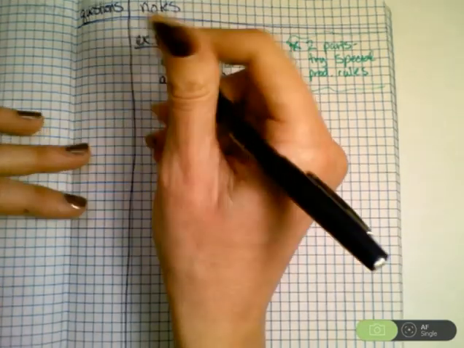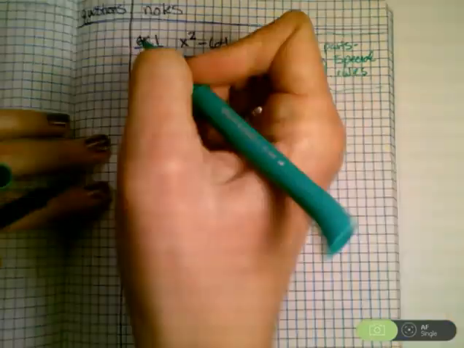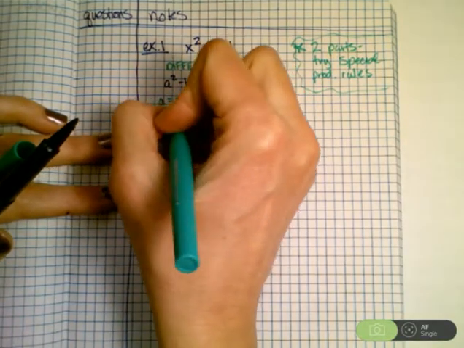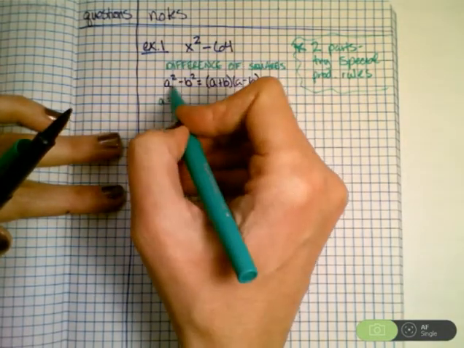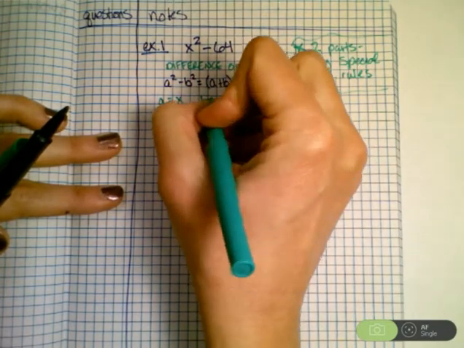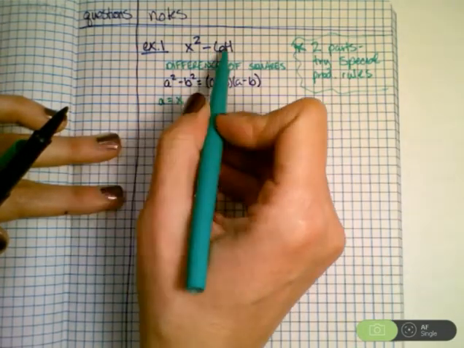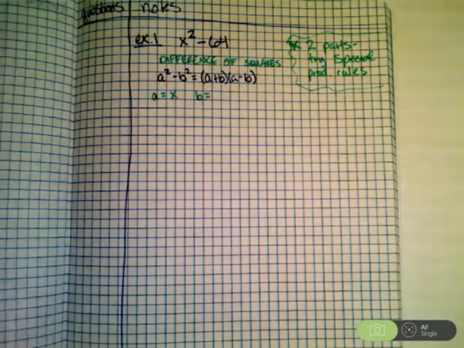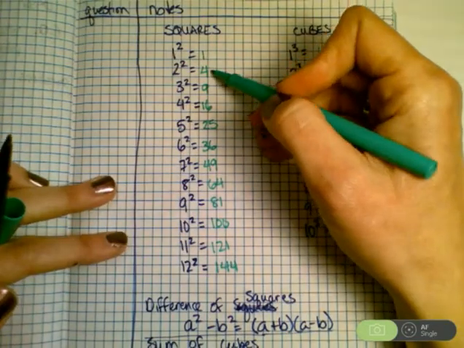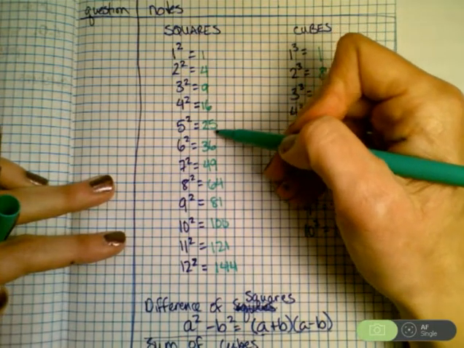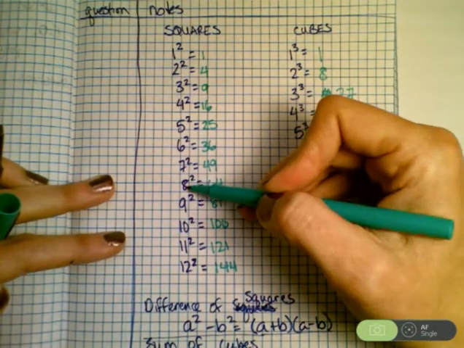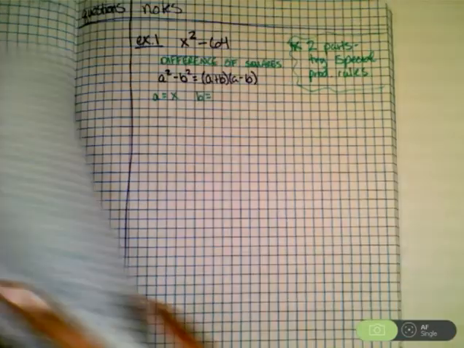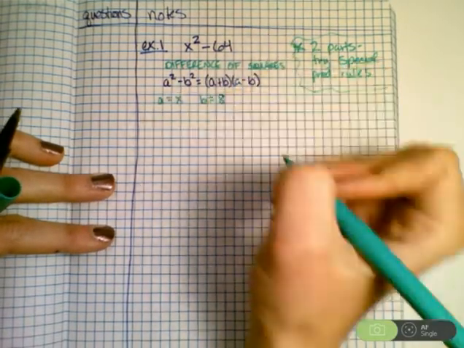So in this particular problem, our a is just x, because the square root of that gives us the a. And our b is whatever squared gives me 64. So something squared has to give me 64. If I need to, I can look back here on my squares, I look for 64. Oh, and I see that 8 squared gives me 64. So my b is 8.